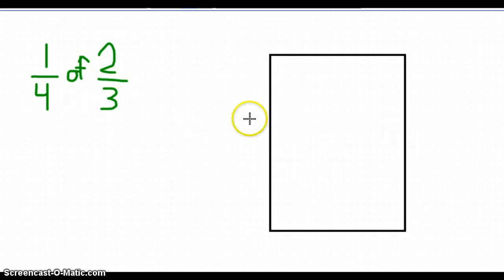Of the 3 that you divided, shade 2 of them. And then of the 4 going down, shade 1 of them. How many parts are double shaded? Pause, try it, and then restart to check your answer.